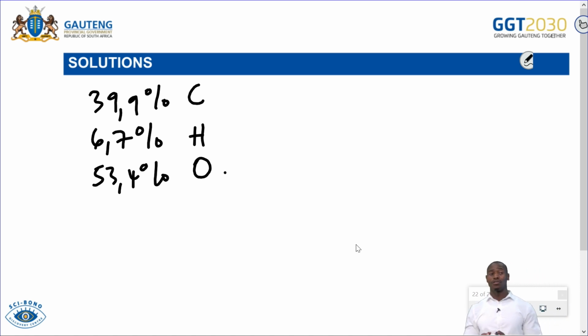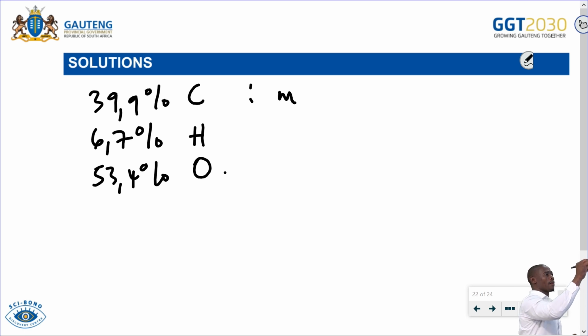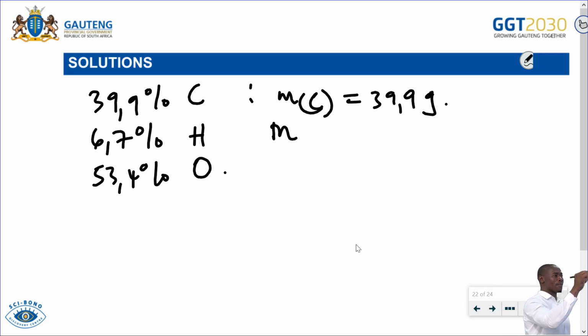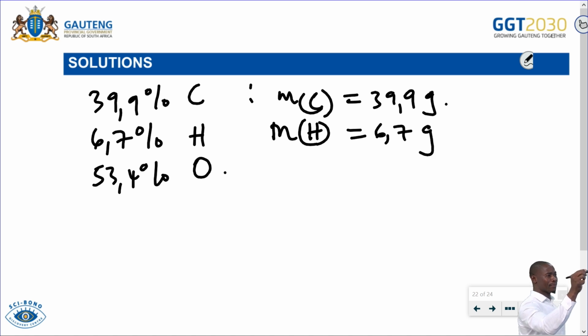So the first thing that we need to do is express those percentages as masses. So the mass of carbon will be 39.9 grams. The mass of hydrogen is going to be 6.7 grams.